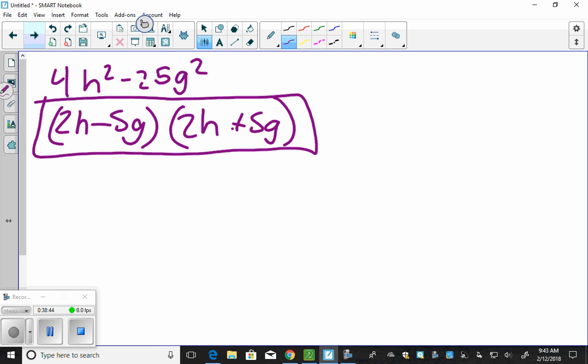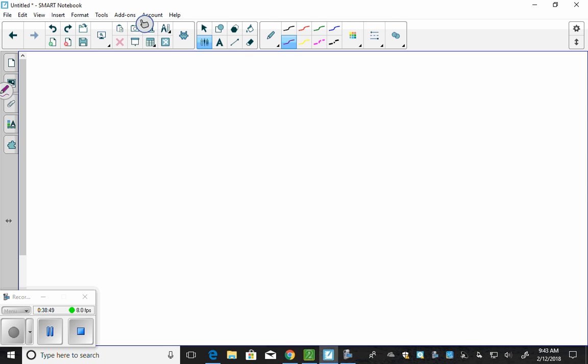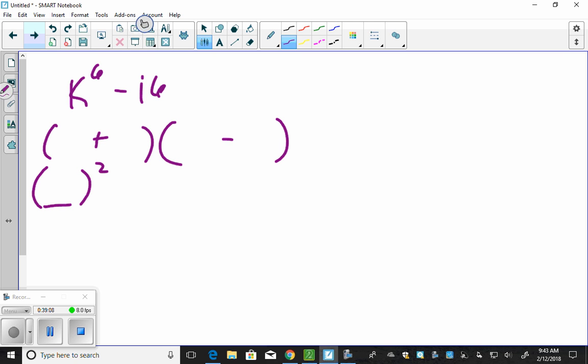Let's look at 17. I got k to the 6 minus 16. 2 parentheses, plus or minus in the middle. Okay? What does my exponent on k have to be to get 6?